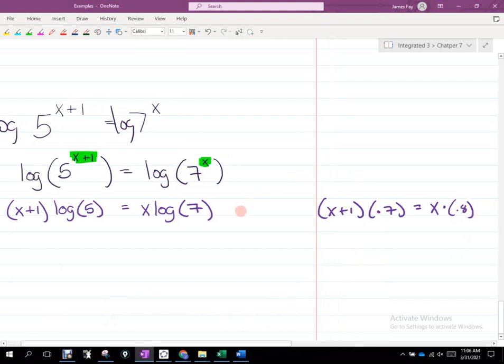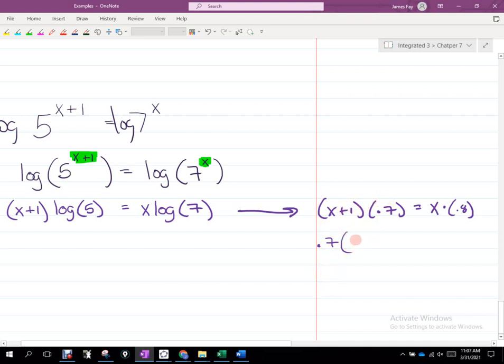Now, what I just wrote over here on the right is the approximated or estimated values of these, right? Okay, so they're rounded. I'm going to rewrite this in a little bit cleaner way that we would be more used to, okay? So 0.7 and x plus 1 are being multiplied together.